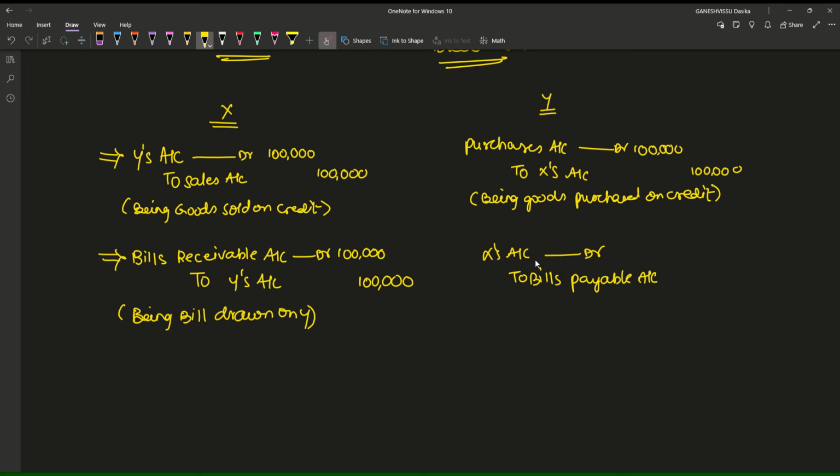So X account debtor to bills payable, for rupees 1 lakh. X would previously be shown as creditor. Now X is removed from the books of creditors, and in the replacement of X, this bills payable is acting. So bills payable is a current liability, and if it is still there, it would be shown as a current liability in the balance sheet.